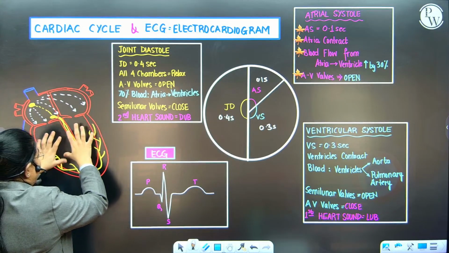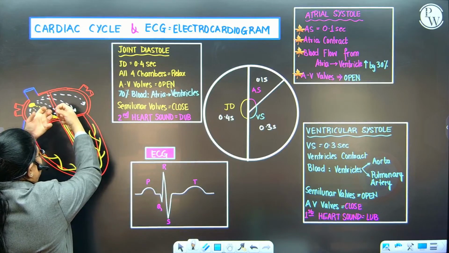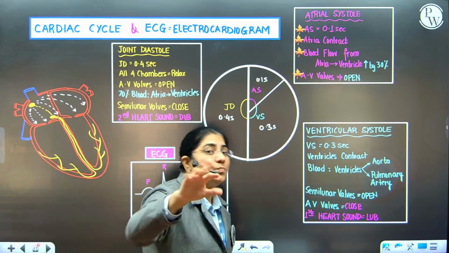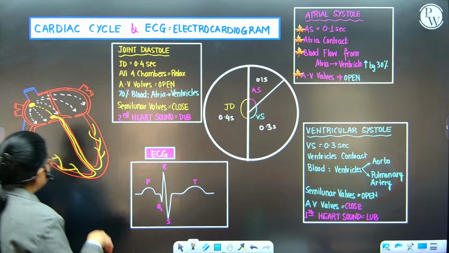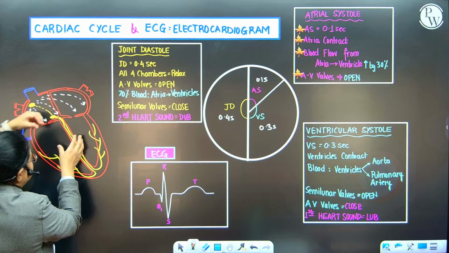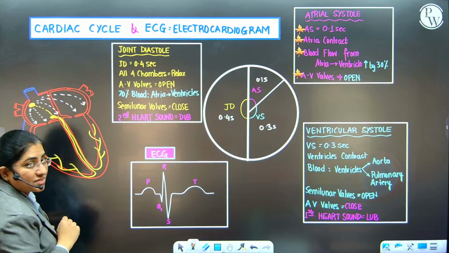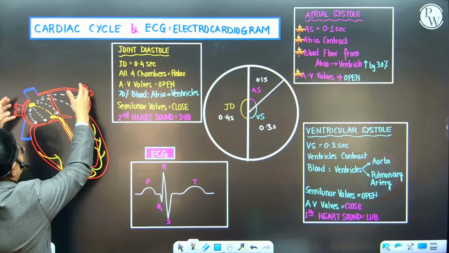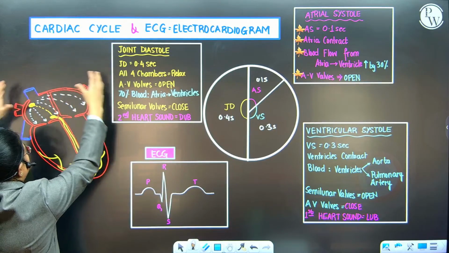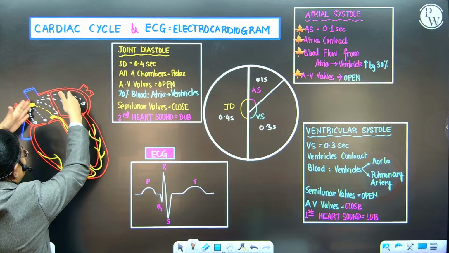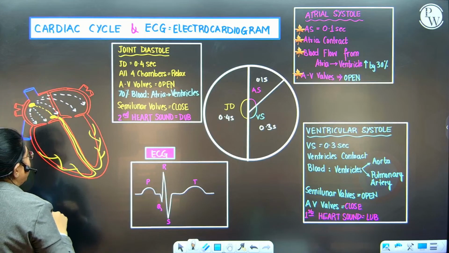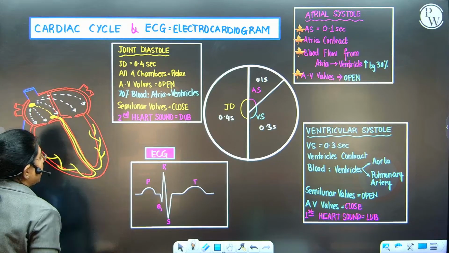Now, at the time when the ventricles are contracting, the atria have begun their relaxation. However, the atria have not completed their relaxation. So now at 0.4 seconds, the ventricles begin their relaxation and the atria complete their relaxation. At this point of time, the atria are already full and are being filled with blood from the major veins that bring the blood: the superior and inferior vena cava into the right atrium and the pulmonary veins into the left atrium.